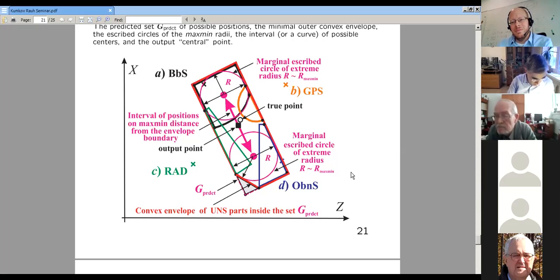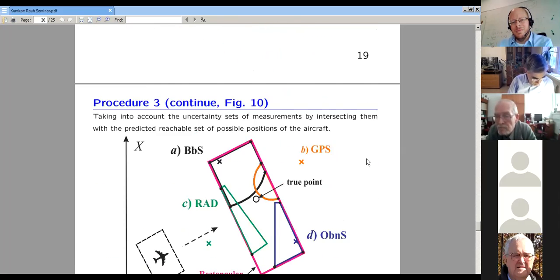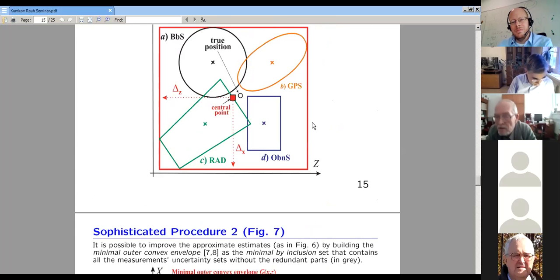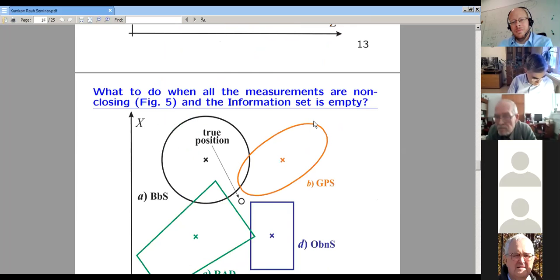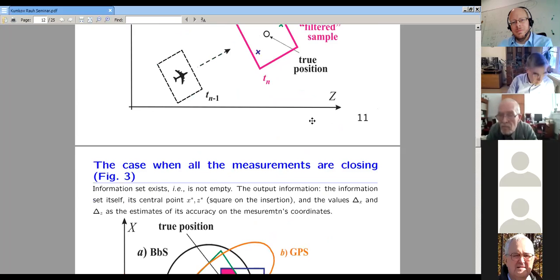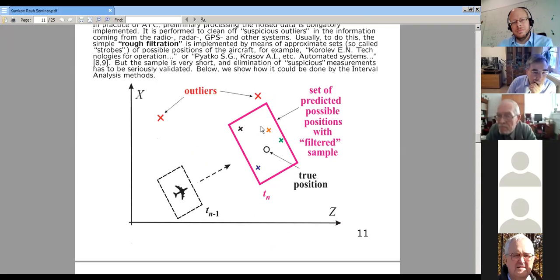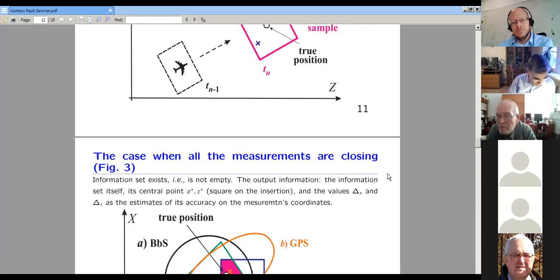Yes, in engineering practice they use an approximate box, for example, and very often we have the following picture: the measurements which lie outside the rough predicted set are determined as outliers. But as for us, we use not only the measurements, but also their uncertainty sets. This gives us additional information.